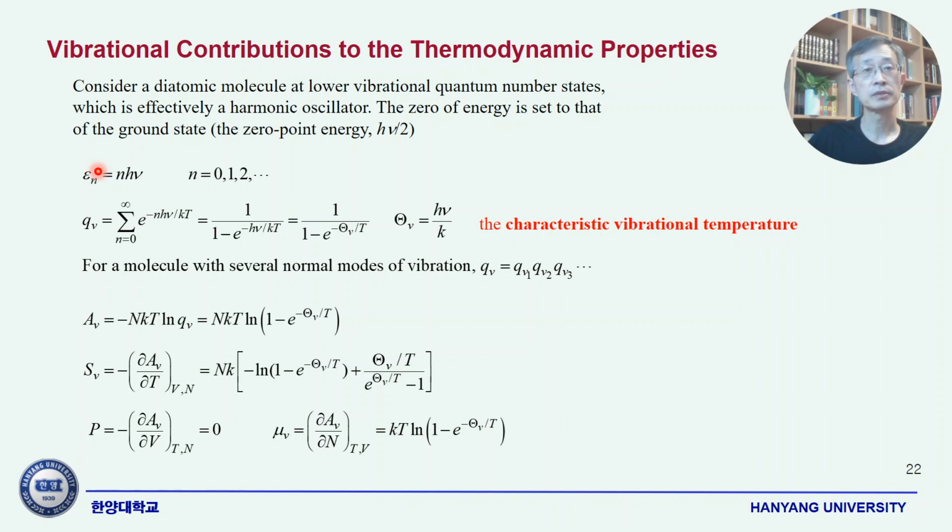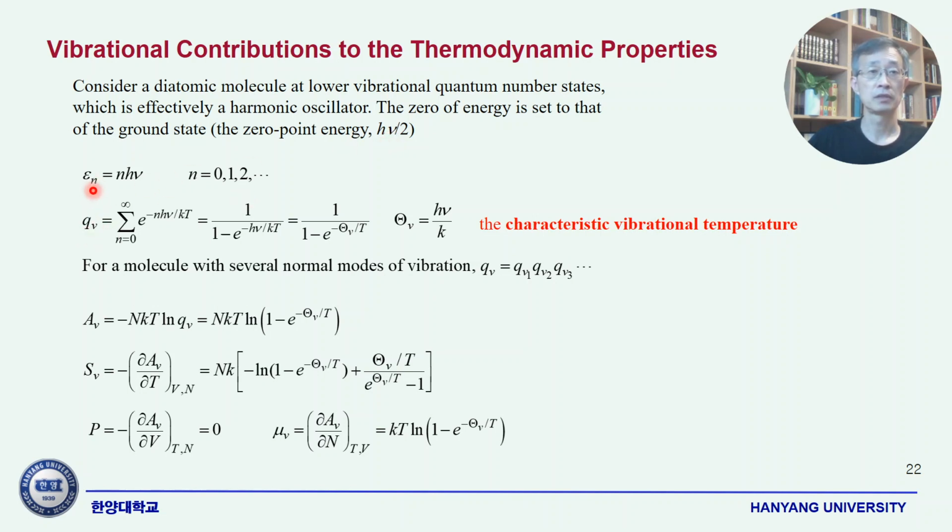So the vibrational energy as a function of the vibrational quantum number is epsilon n equals n times h nu. You remember that the vibrational energy was n plus 1/2 times h nu. This is what it means: the zero-point energy is set to 0.